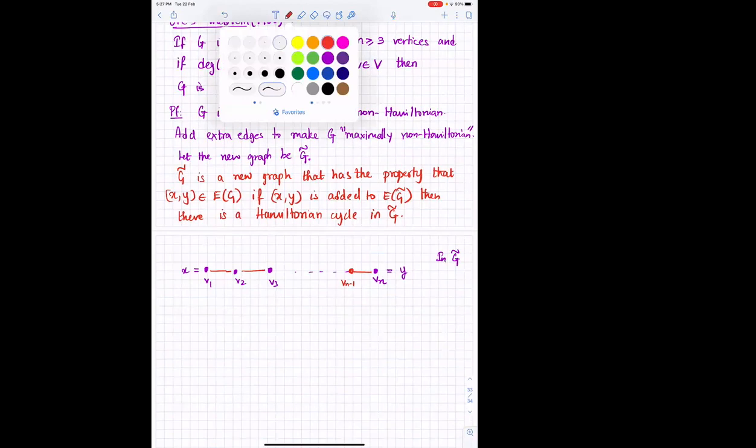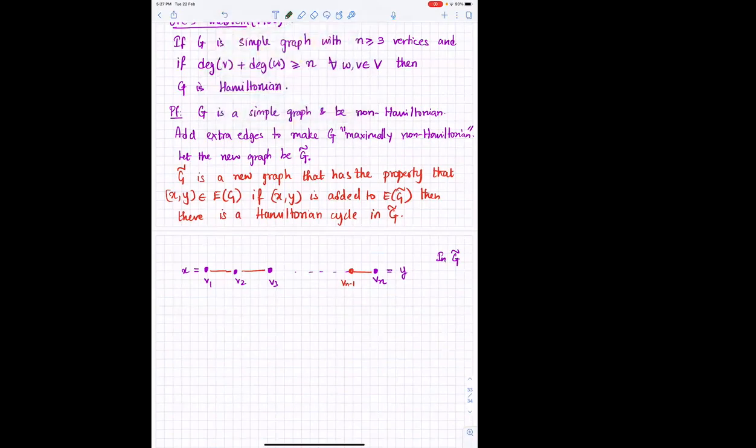Now, let's try to see. Suppose there are two vertices here. Let me call these vi and vi minus 1. Suppose there is an edge from v1 to vi and an edge from vi minus 1 to vn. Then what can you say?